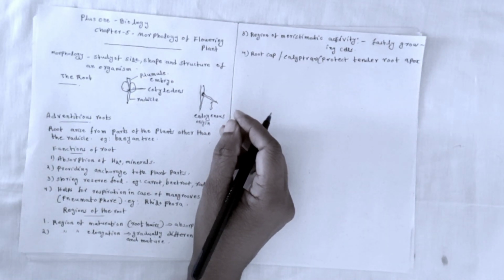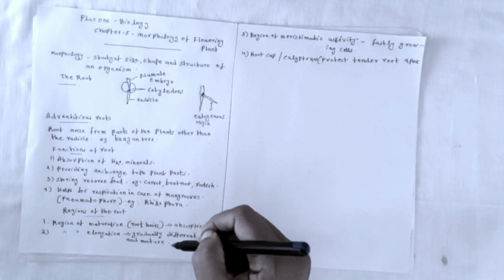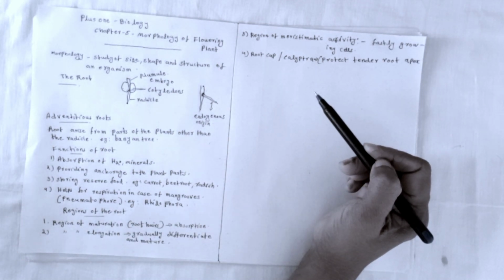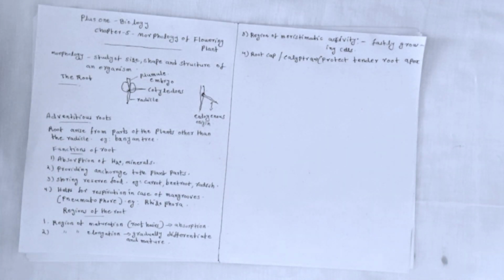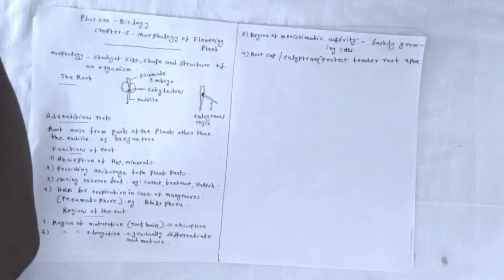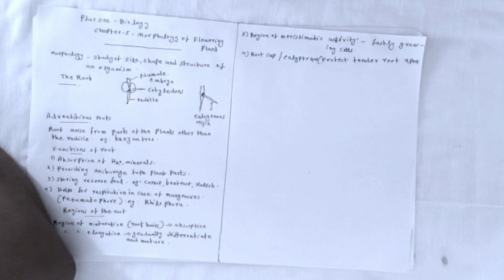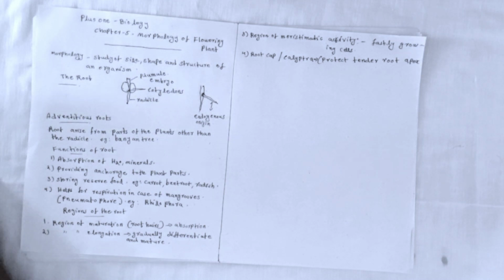Then what are meristematic cells? We discuss meristematic cells, and then the other term, cell differentiation. What are the properties of meristematic cells? They are immature or undifferentiated cells without intercellular space, that is, compactly arranged.